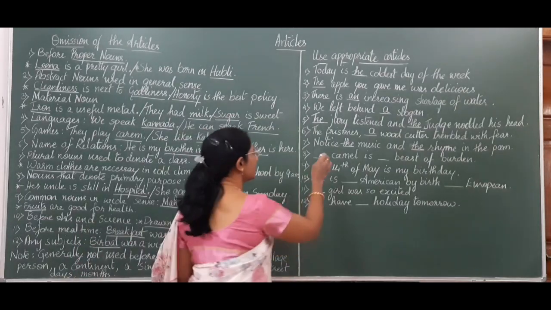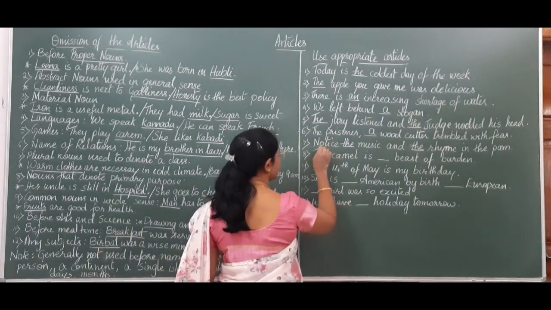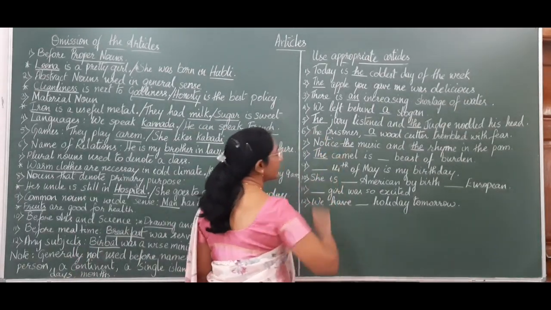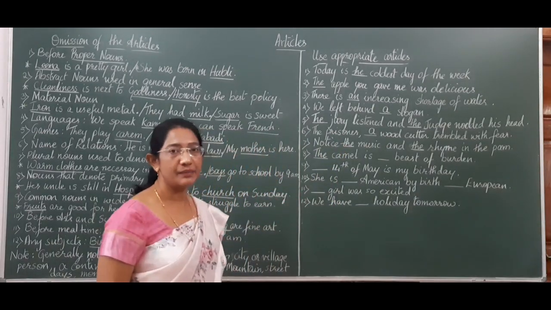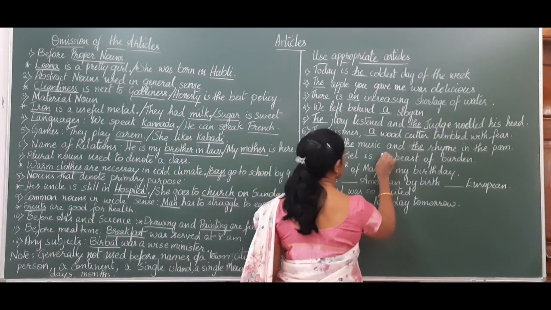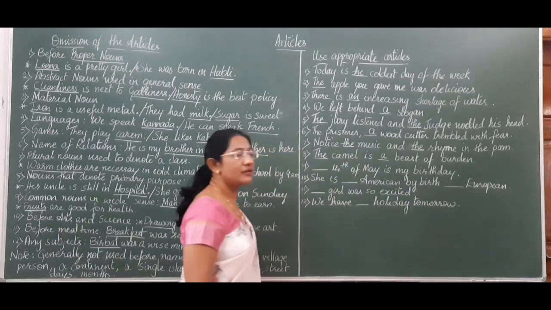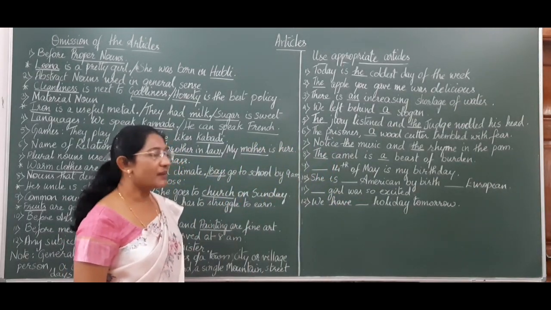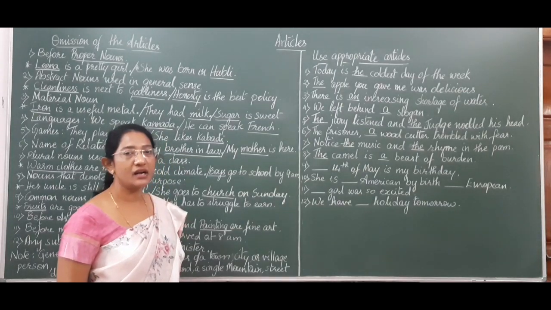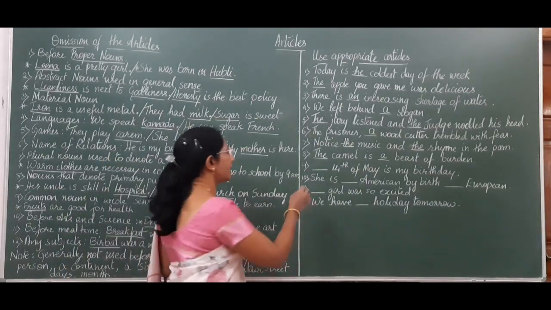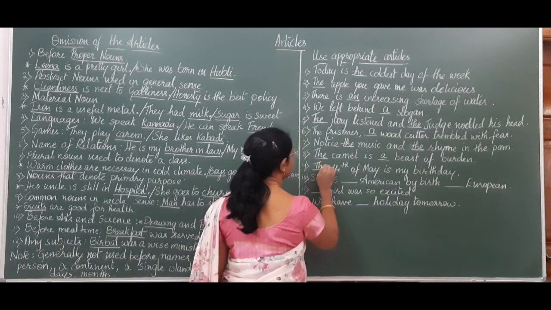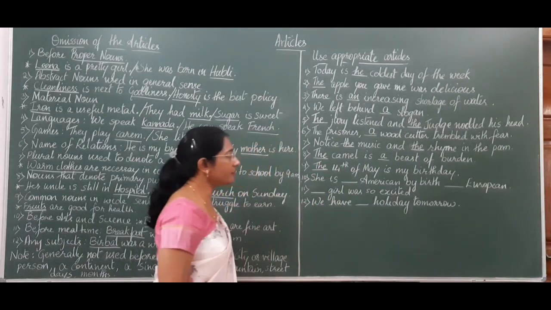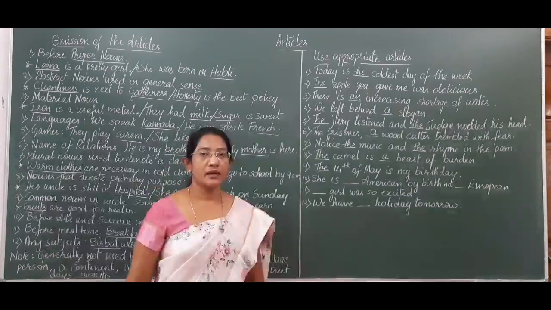So you are referring to the camel in a particular sense. It becomes: the camel is a beast of burden. Dash 14th of May is my birthday. You are referring to a particular date and it takes the. The 14th of May is my birthday.